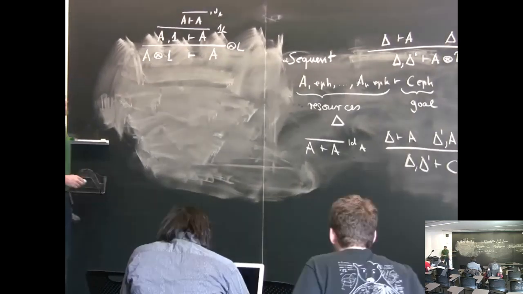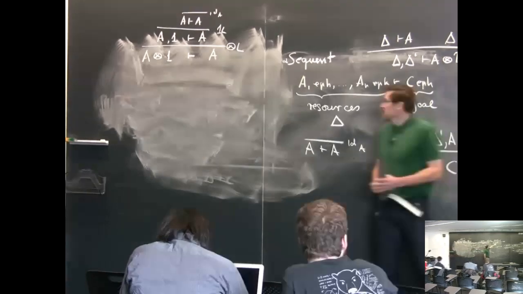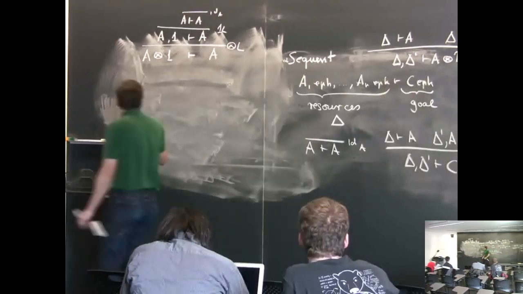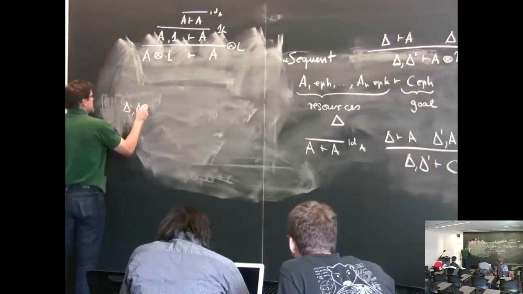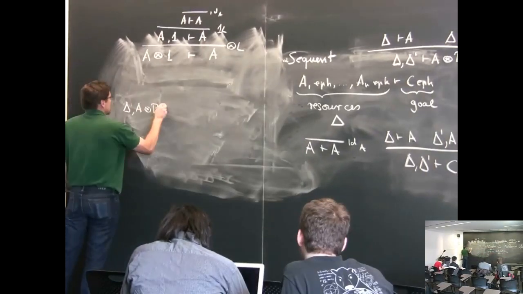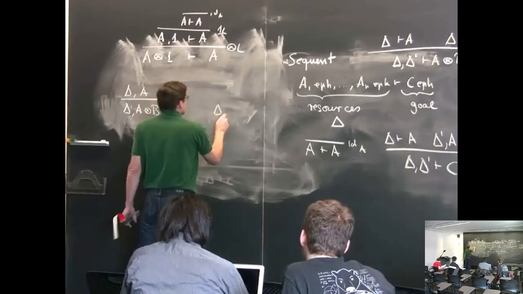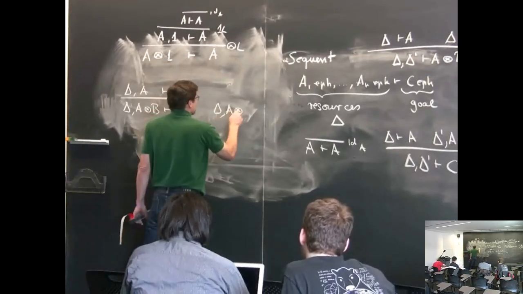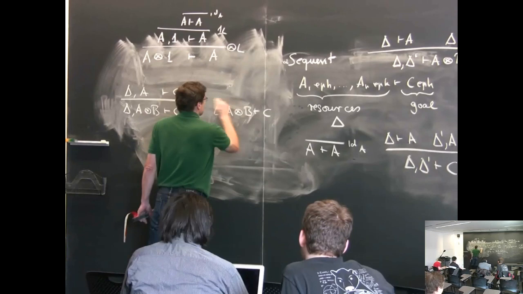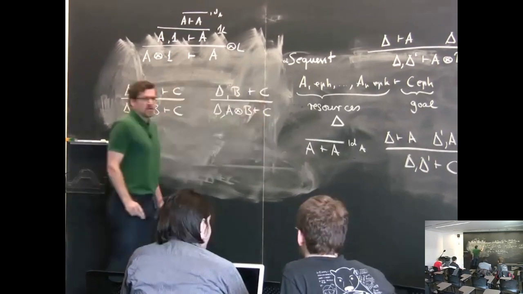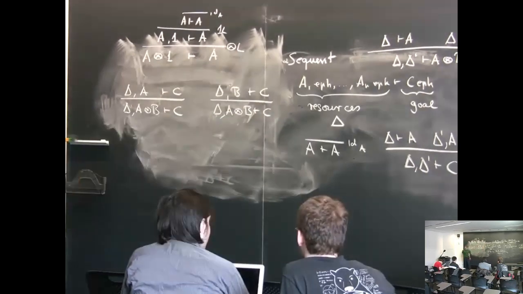Okay, so now let's actually mess up the system a little bit. The tensor left rule here says that from A tensor B I can get A and B. So I'm going to replace this by two rules. One says if I have A tensor B and I try to prove C, I can get A. And the other rule would say from A tensor B, I can get B. In ordinary logic, if you have a conjunction of two things, you can get the components.